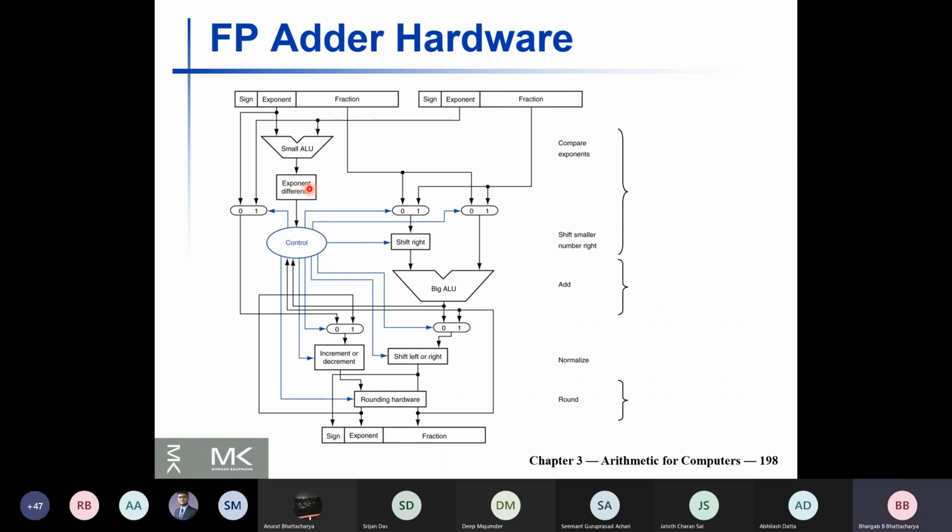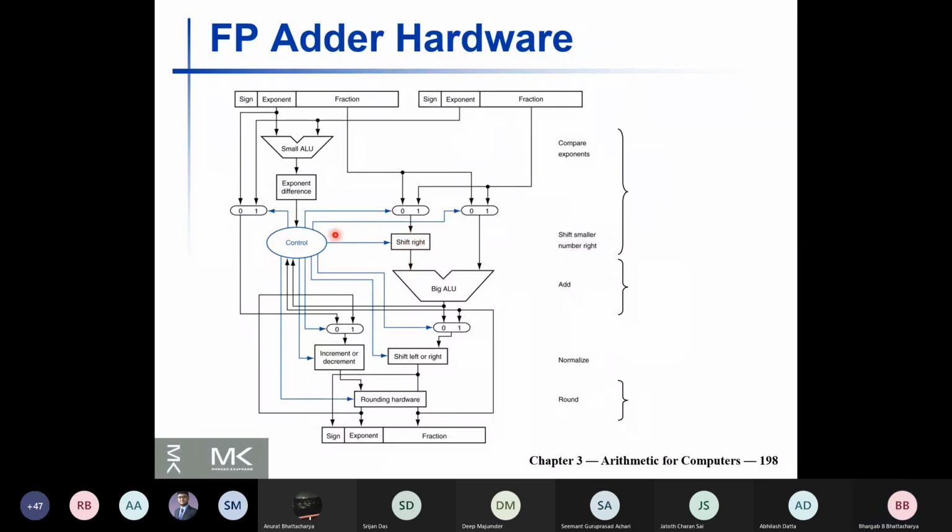Depending on the exponent difference, there is a controller which looks at that and then chooses which one has the smaller value of the exponent. And there is a multiplexer here that allows this exponent value to pass through, so that this shifting operation can take place.